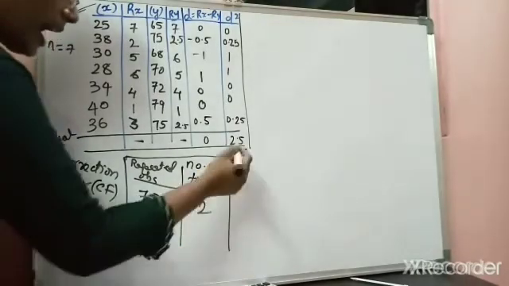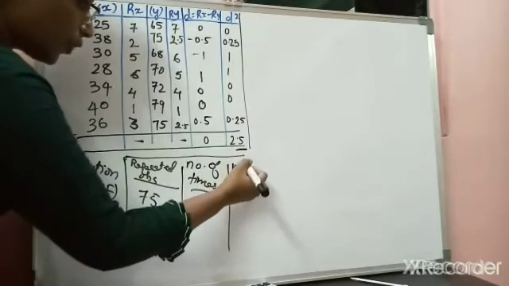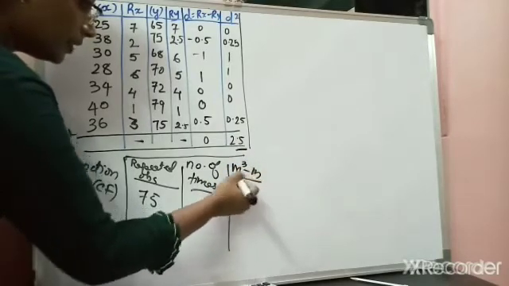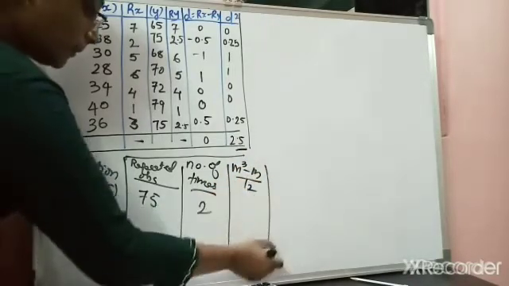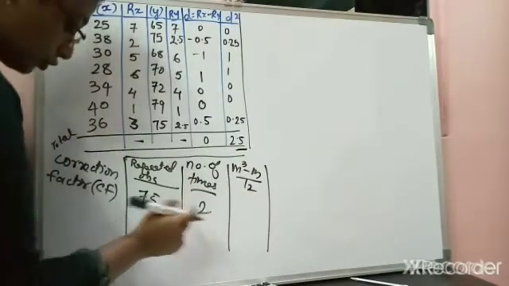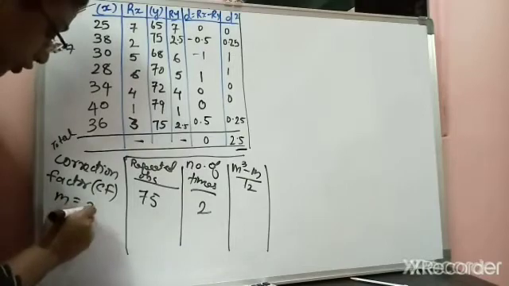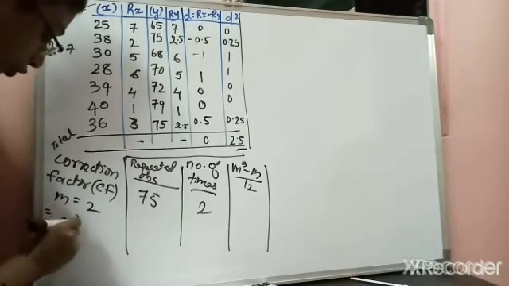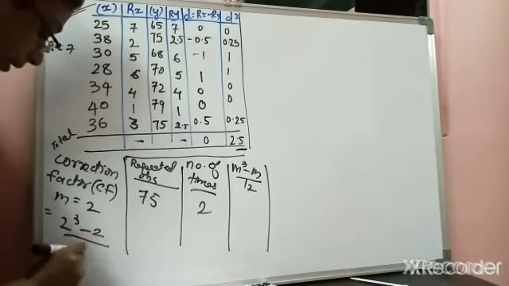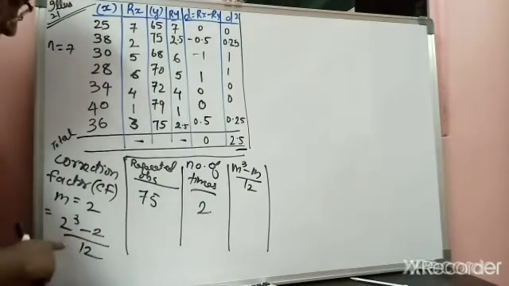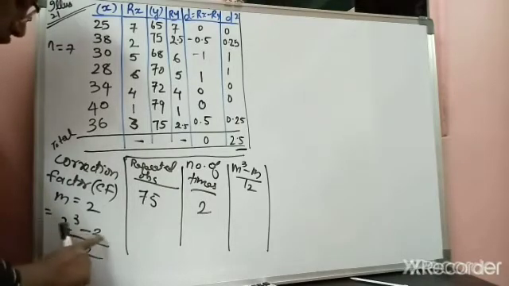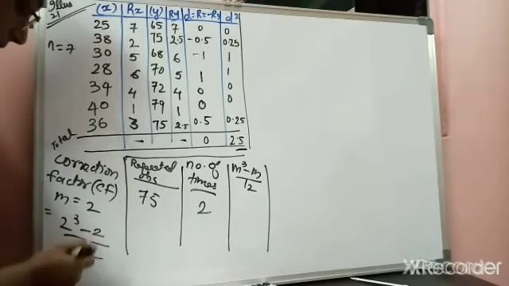Then I have introduced one formula, m cube minus m divided by 12. By assigning m equals 2, we get 2 cube minus 2 divided by 12. You just have to calculate on your calculators. 2 cube, that is 2 2s are 4, 4 2s are 8, minus 2, 6. 6 divided by 12 would be 0.5.